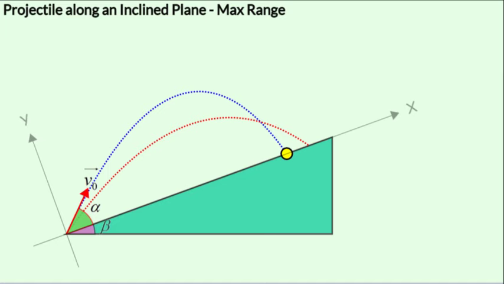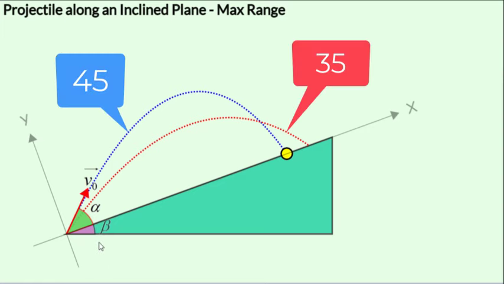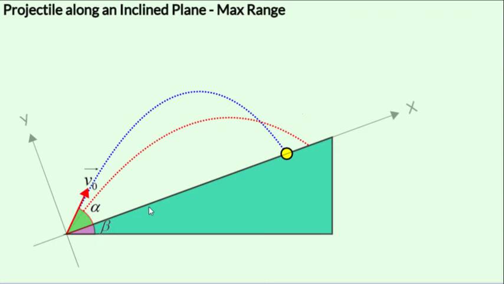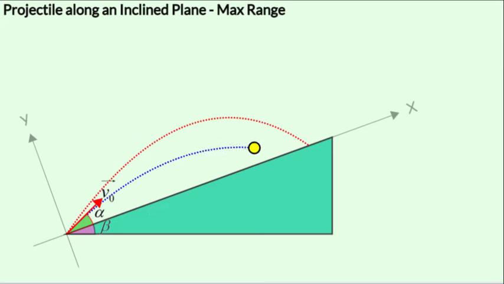When the angle of the incline is 20 degrees, the launch angle of 35 with respect to the incline gives us the maximum range. Let's try this with another angle lower than 35 just as a confirmation. And this one, as expected, falls short.